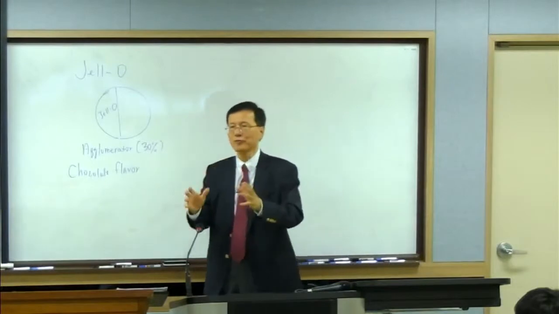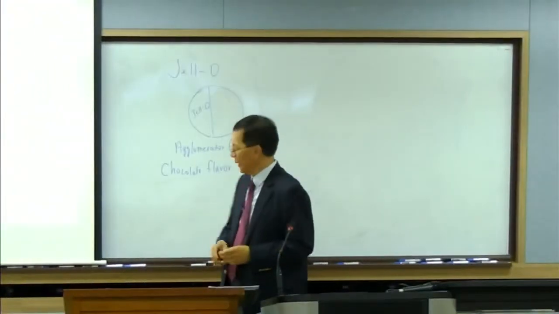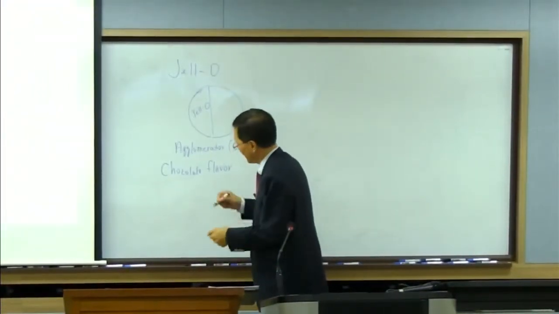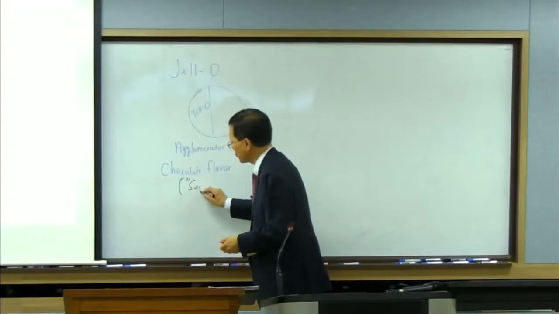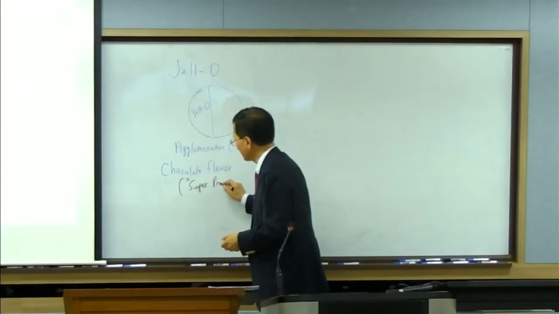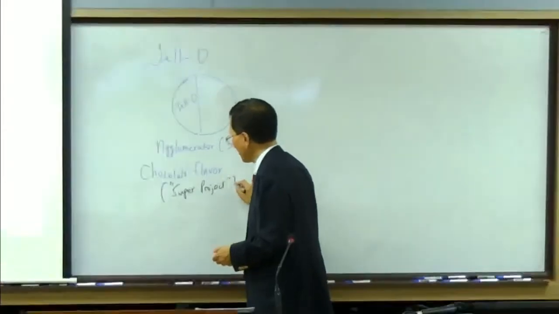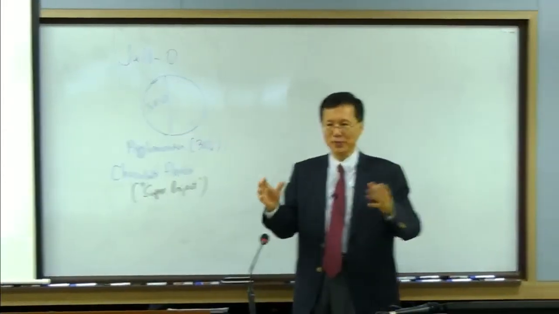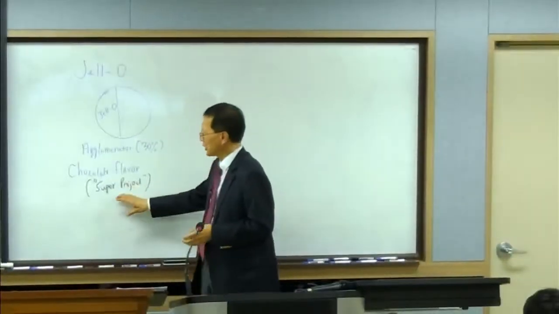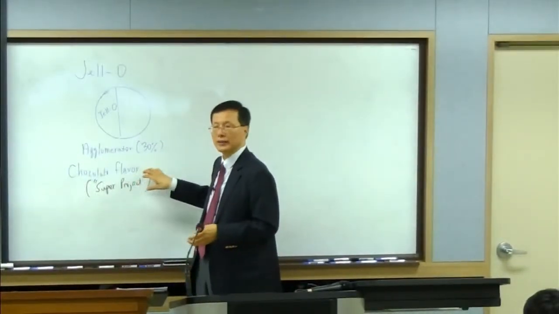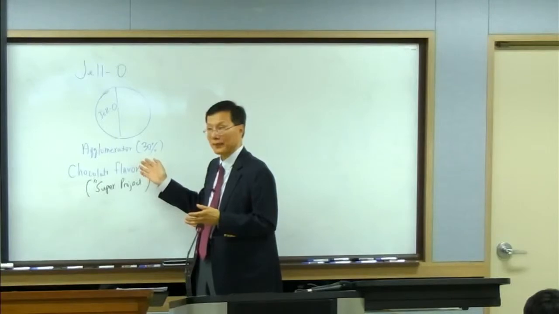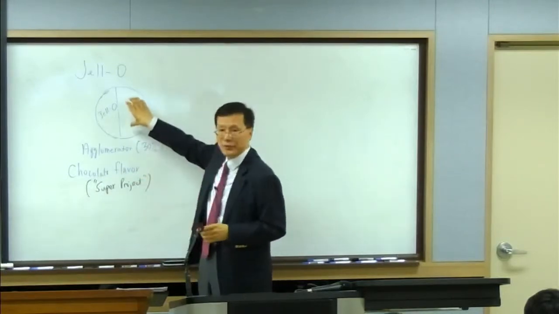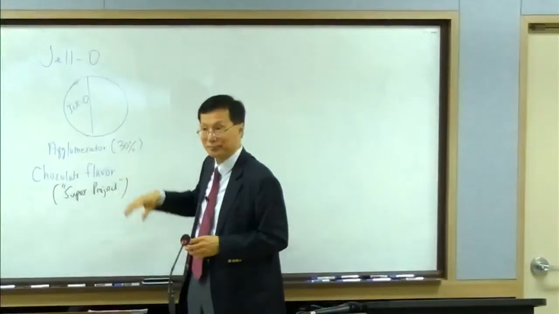The name of this project is Super Project, one of the classic Harvard Business School cases. Super Project is to introduce this new line into the dessert market, using the extra capacity of the agglomerator.